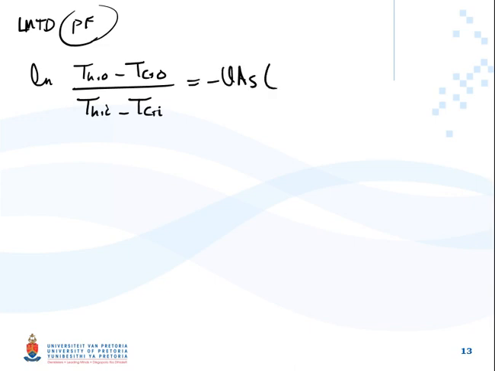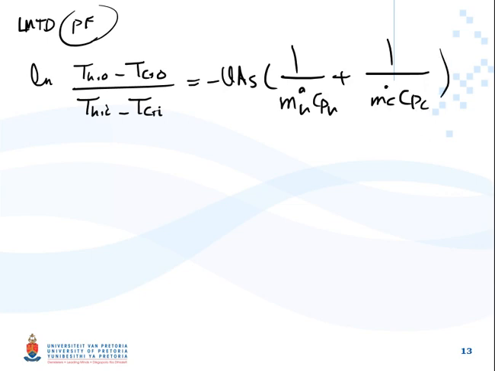We said that the outlet temperature of hot minus the outlet temperature of cold, over T_hi minus T_ci, is equal to minus UA_s times (1/(m dot h C_ph) plus 1/(m dot c C_pc)). It was for a parallel flow heat exchanger.